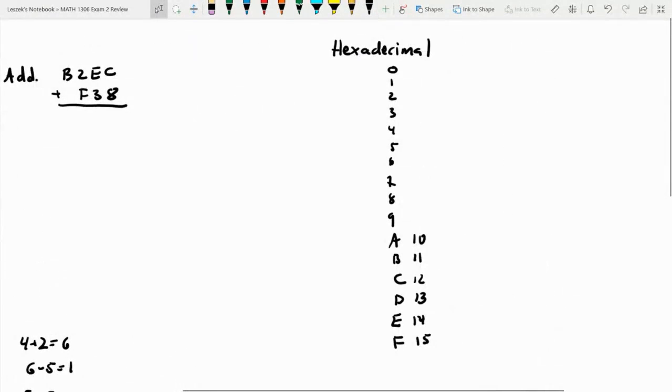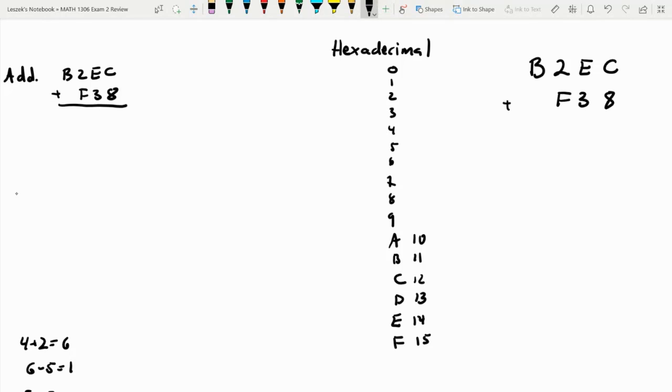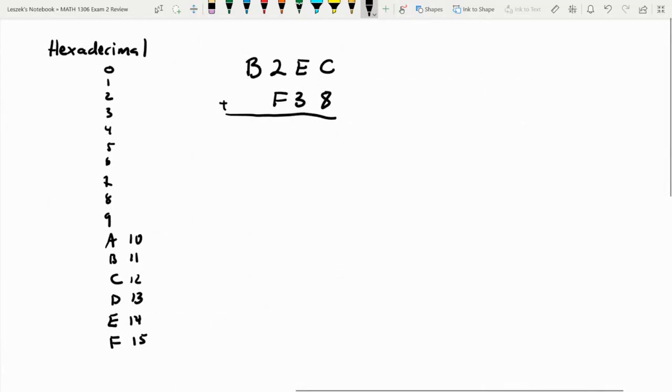All right. So let's see. If we have, let's write this down, B2EC plus F38. So when we see C plus 8, we have to translate the C into a 12, right?